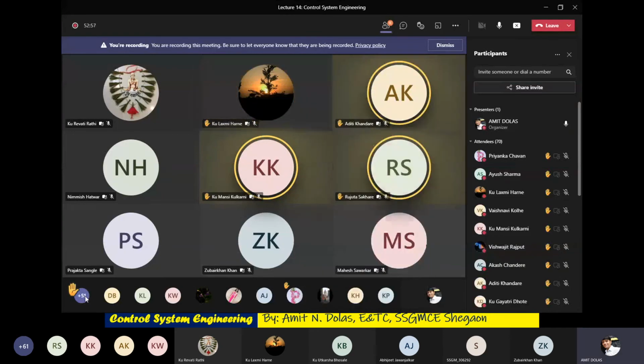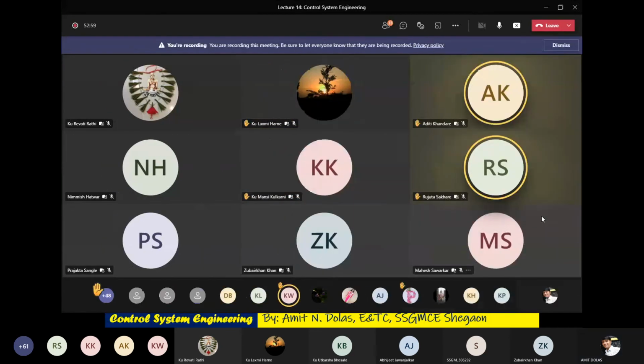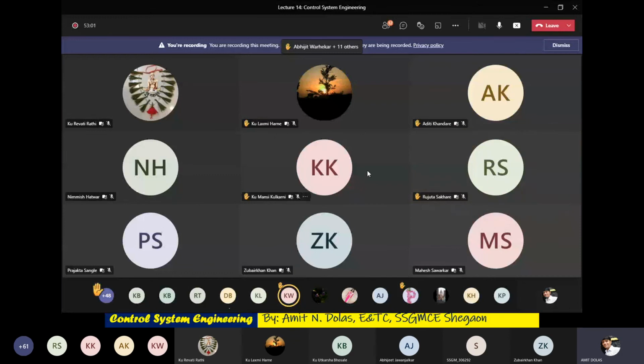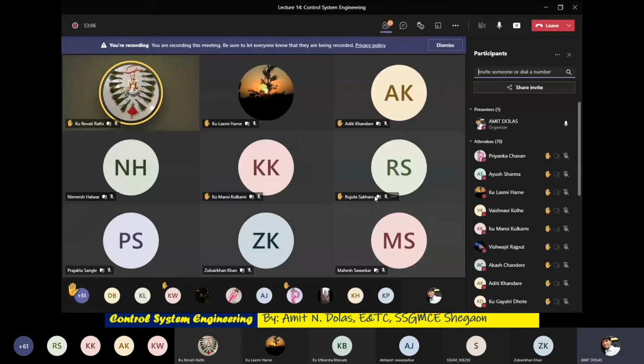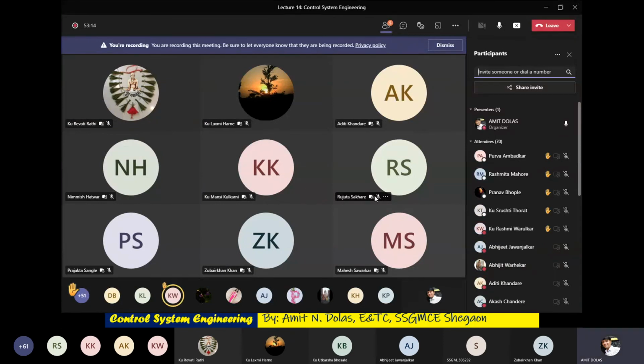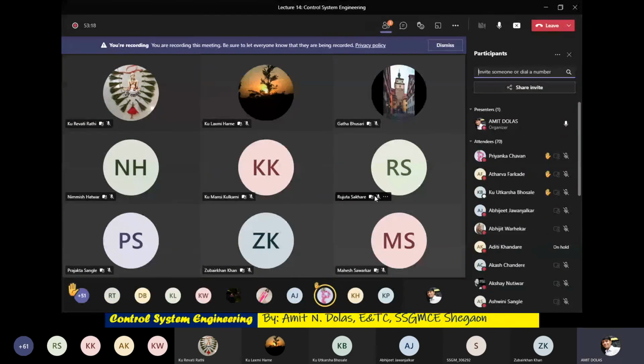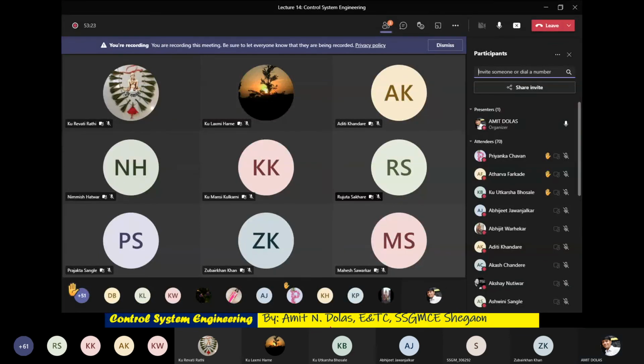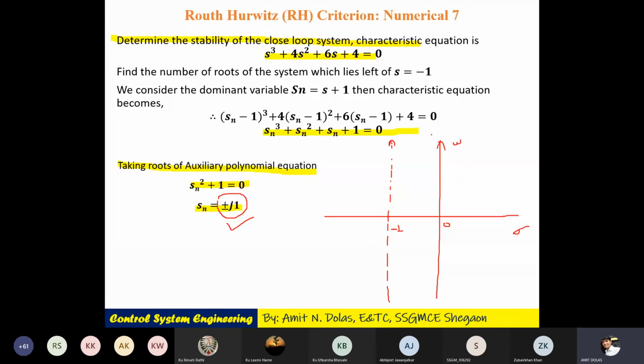Yes. Okay. Yes, drop your hand, please. Drop your hand. Okay. And how many of you say that plus minus j is located on this axis?